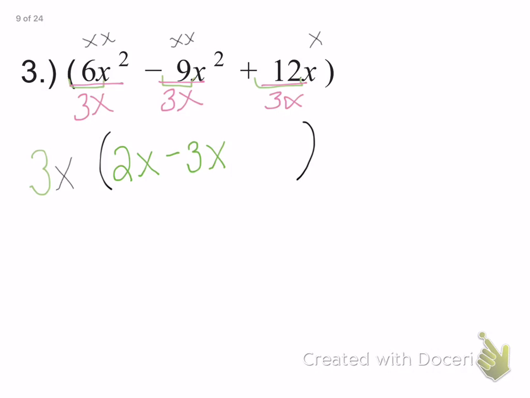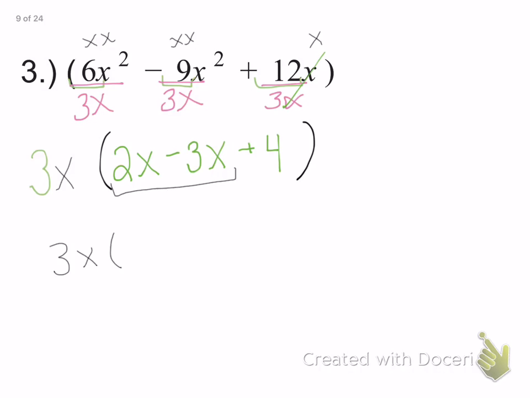And then our last term, we've got 12 divided by 3, which gives you a positive 4, and x divided by x, which just cancel out, and you're left with 4. The last thing you'll notice in this problem is that we have some like terms on the inside of our parentheses. We'll still have our 3x outside. Lastly, we just need to combine those two on the inside.